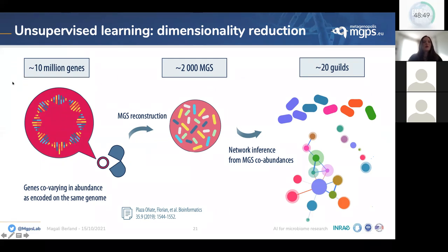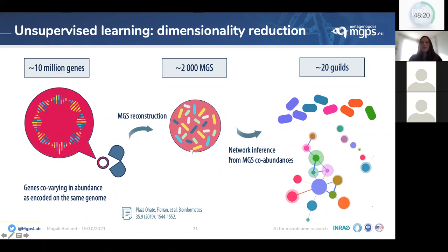So if you cluster genes together, you can get the MGS, metagenomic species level, which is a proxy for bacteria, and which is much more relevant from a biological point of view.